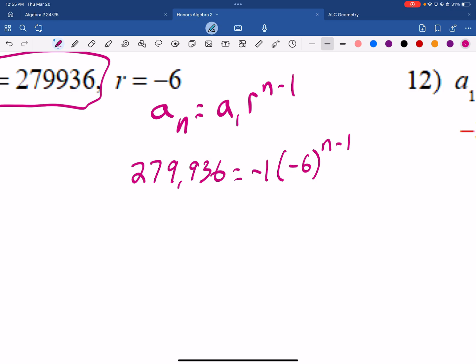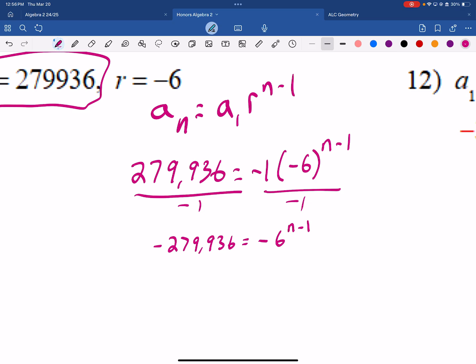Divide by negative 1, and that gives me negative 279,936 is equal to negative 6 to the n minus 1.